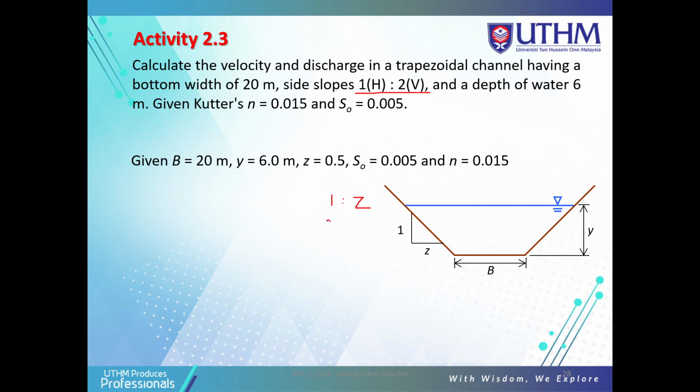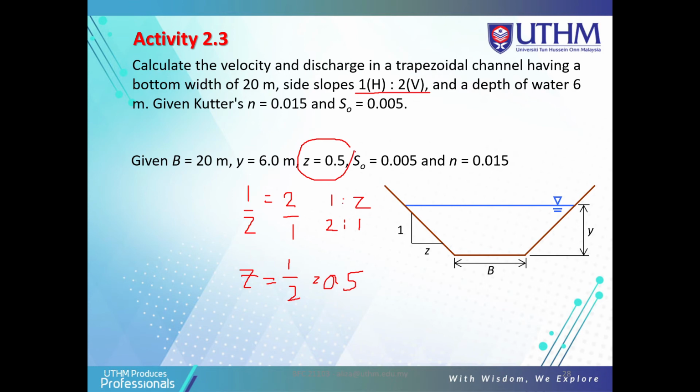So 1 over z is equal to 2 over 1, so z is equal to 1 over 2. So we get z as 0.5 here.